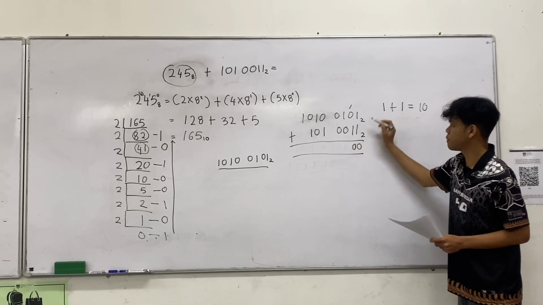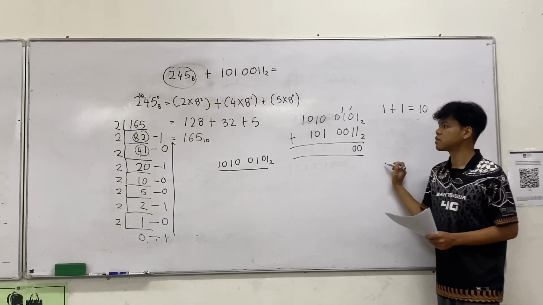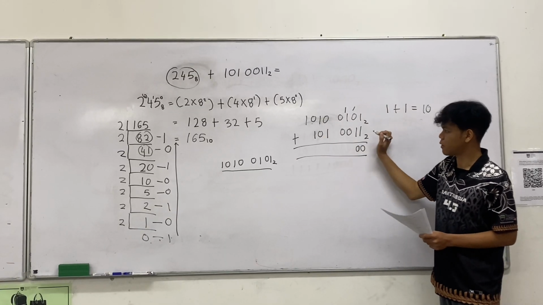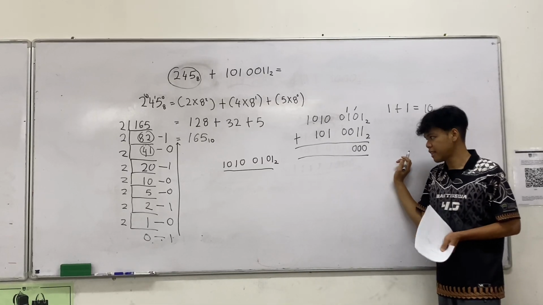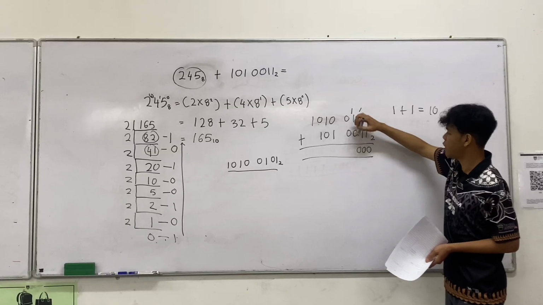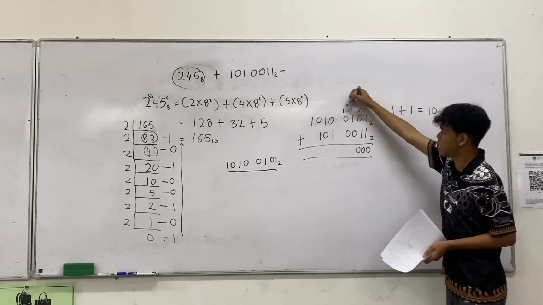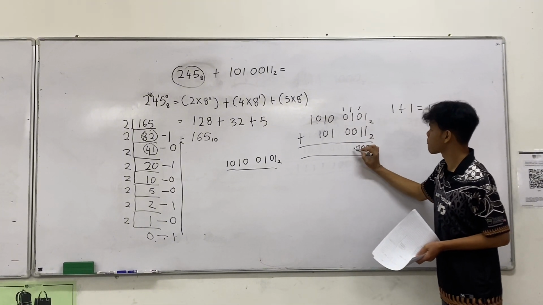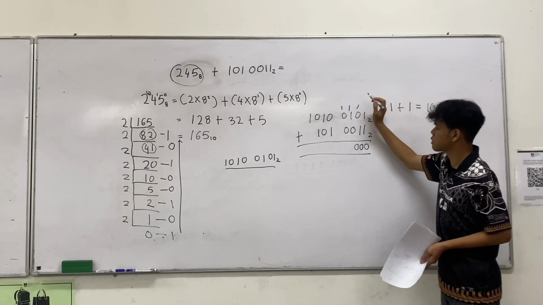So 0, carry 1. Then 1 plus 1 plus 0, we still get the same answer. So we put 0 at the bottom and carry 1 to the next column.